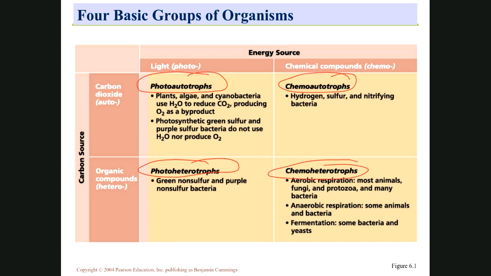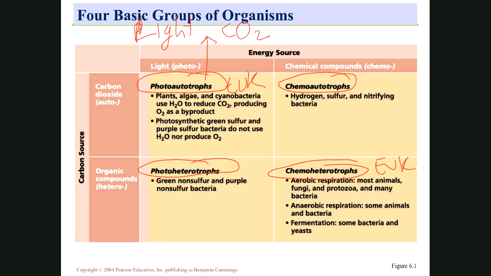All right, now eukaryotes only have two of these basic groups: the photoautotrophs and the chemoheterotrophs. Photoautotrophs are the living things that use light as energy and fix CO2 for their source of carbon.